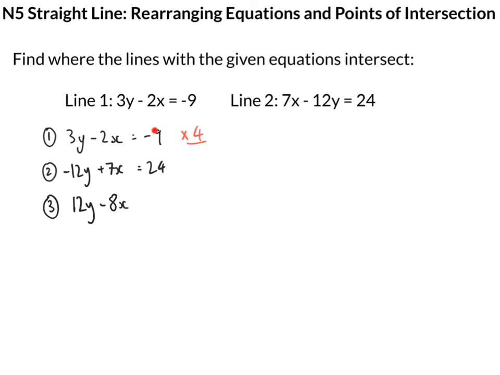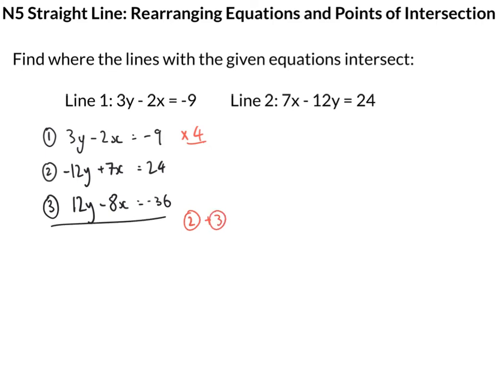I need to multiply this by 4, negative 36. And if I look carefully, equations 2 and 3 have got the same amount of y's, only with different symbols. So I am going to take equation 2 and add it to equation 3.